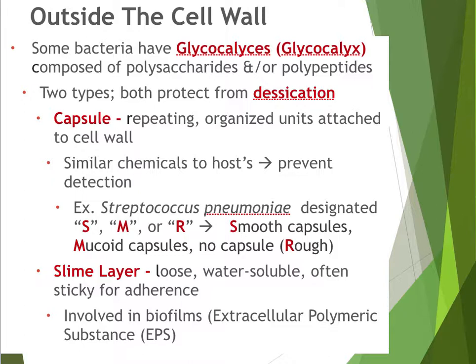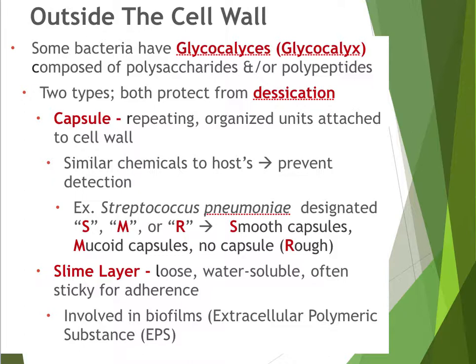Both capsules and slime layers protect the cell from desiccation, which means drying out. Now, in the case of a capsule, some organisms that are able to cause disease are also able to make a capsule. Having a capsule does not make something a disease organism, but if a disease-causing organism is able to produce a capsule, it is much more able to cause disease.